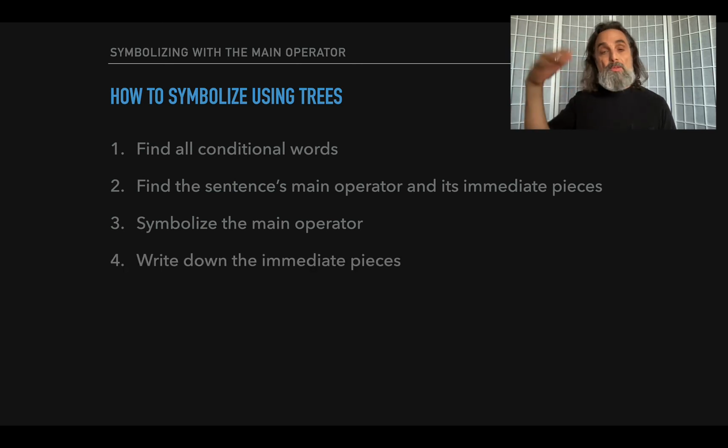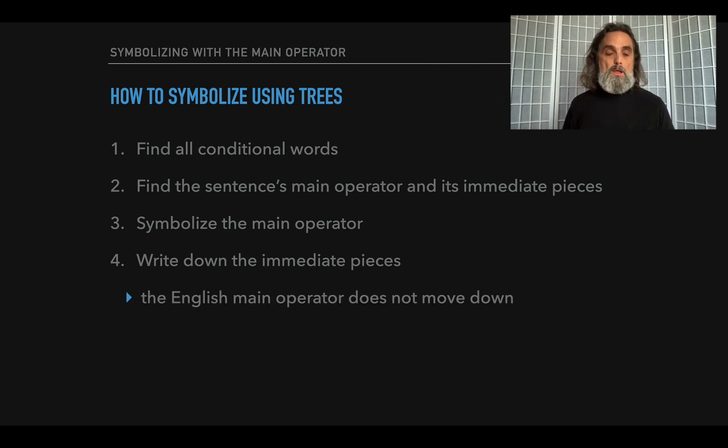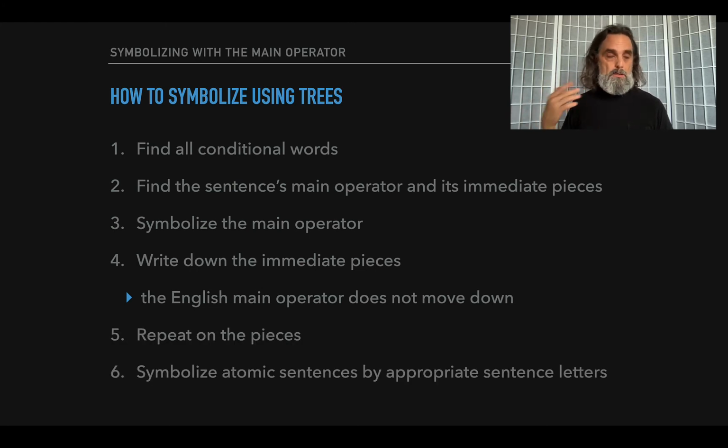We bring down the pieces lower in the tree so the English operator does not move down, and then we repeat this process on the pieces until we get to atomic sentences, at which point we turn them into sentence letters. So basically what we're doing really is parsing the English sentence, and each time we parse it, we take a step down in that parsing tree. We also turn the part that we didn't bring down, that part gets symbolized.